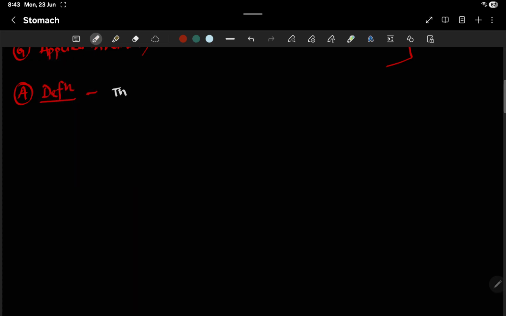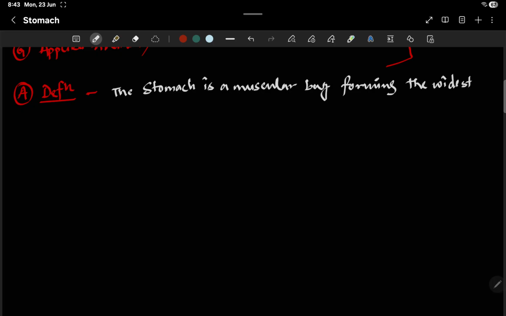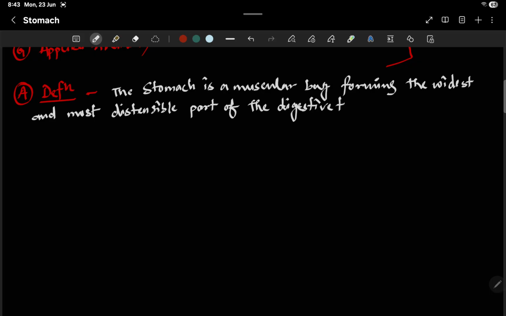So, the stomach is a muscular bag forming the widest and most distensible part of the digestive tube.